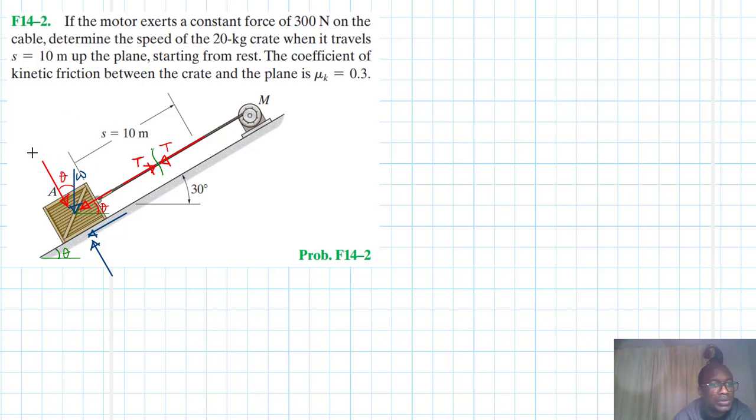So this becomes W cos theta, and this one becomes W sin theta. And this is the normal force, and this is friction, which is just equal to mu k N.